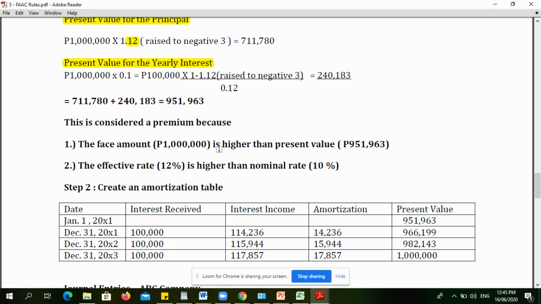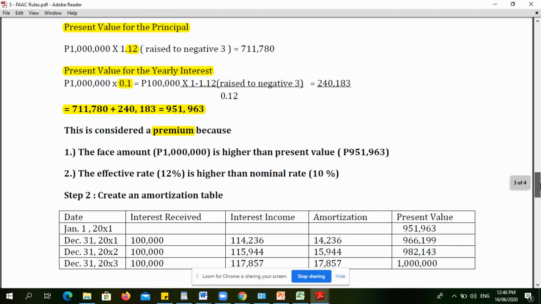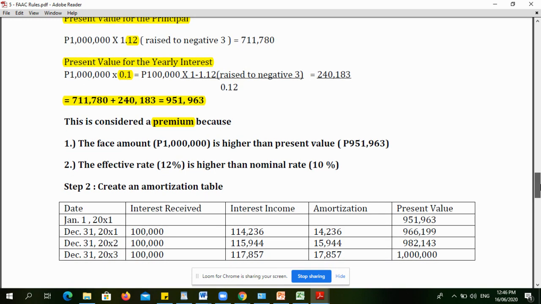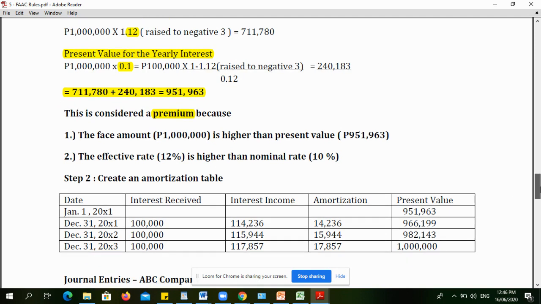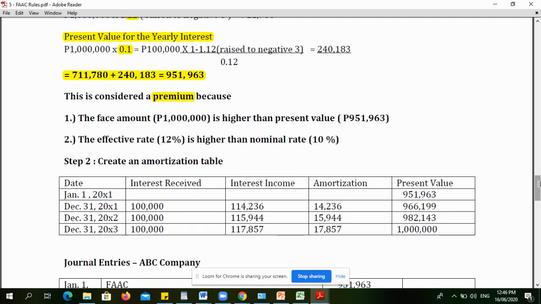This is a discount because the face amount is higher than the present value. And secondly, the effective rate, which is 12%, is higher than the nominal rate. It's the opposite of the premium earlier. So, again, this is a discount.